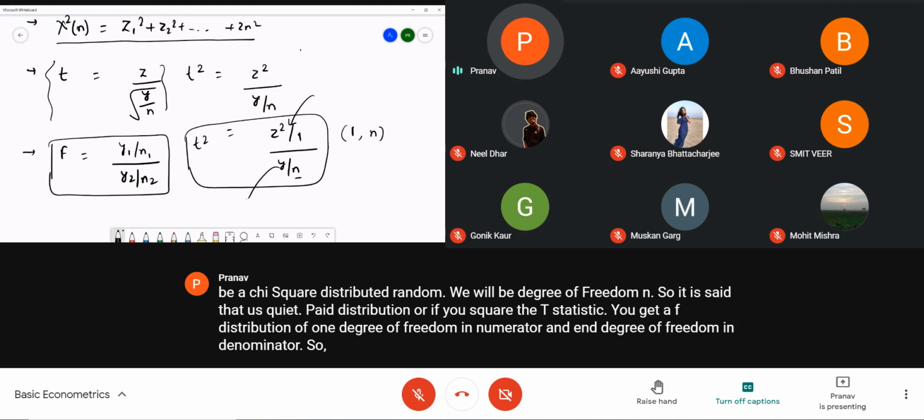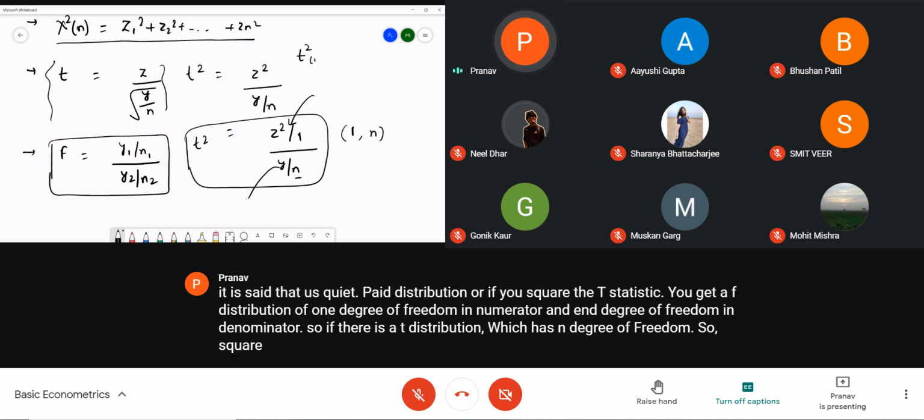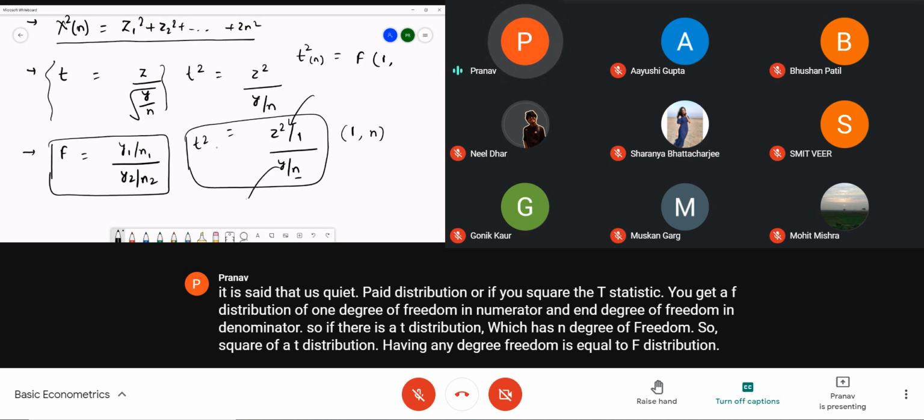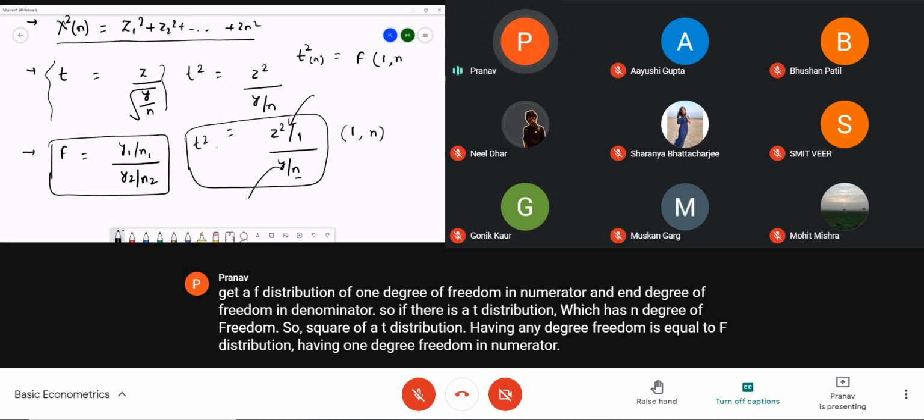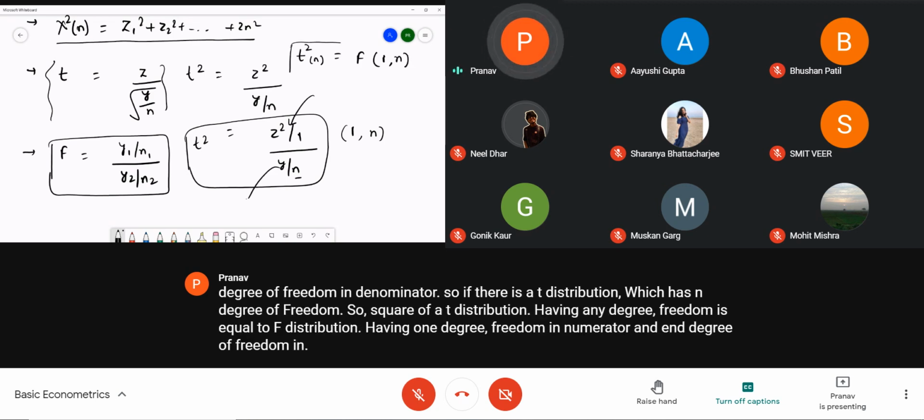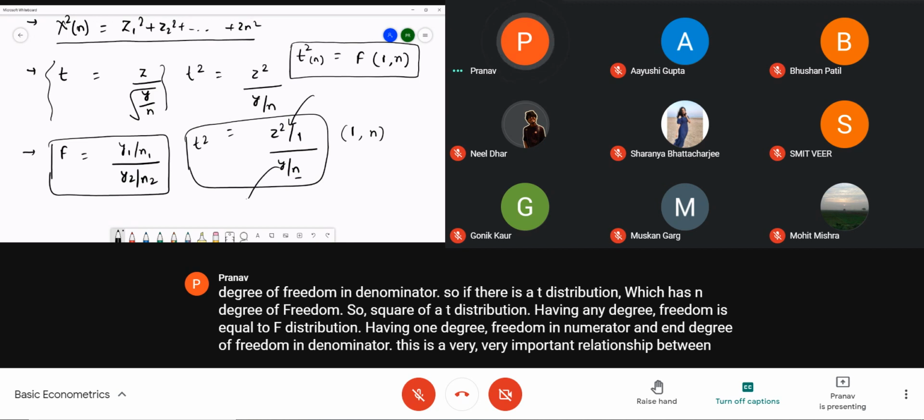So if there is a T distribution which has n degrees of freedom, the square of it is equal to F distribution having 1 degree of freedom in numerator and n degrees of freedom in denominator. This is a very, very important relationship between T and F.